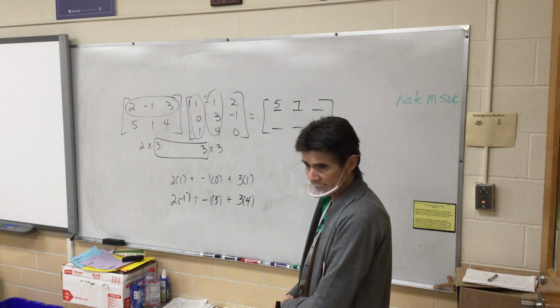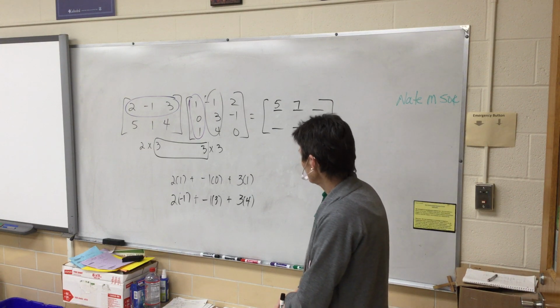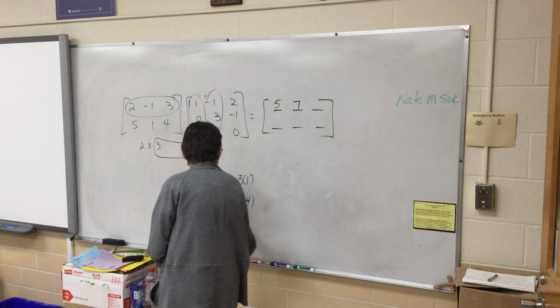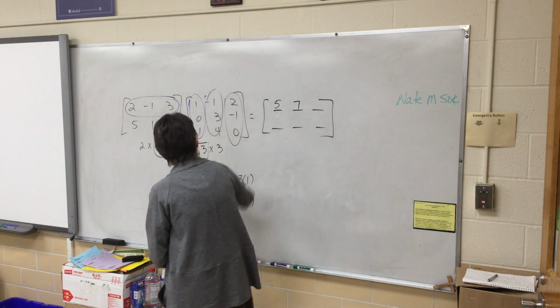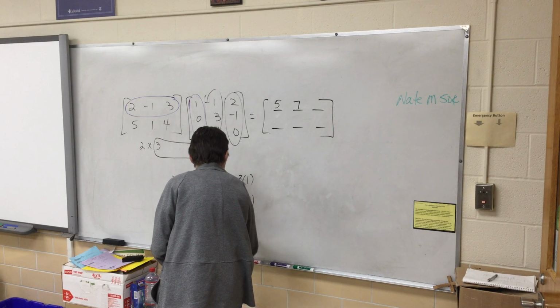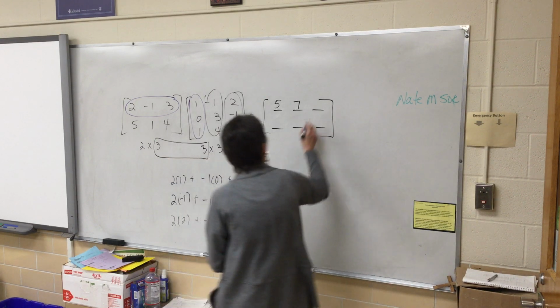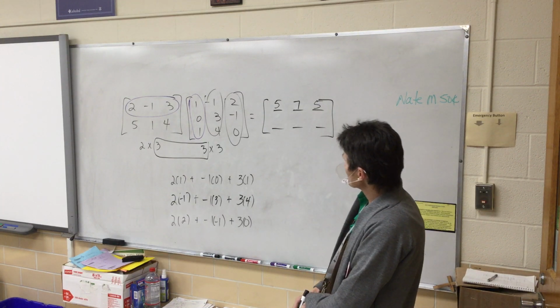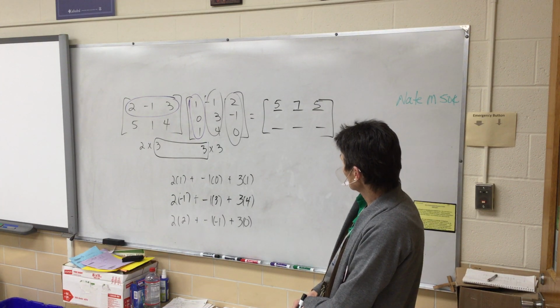Hector, are you nodding or shaking? Is that right? Okay. All right, and then finally, first row, third column. And that is 5. Watch all those negatives. You have to be really careful about all that.